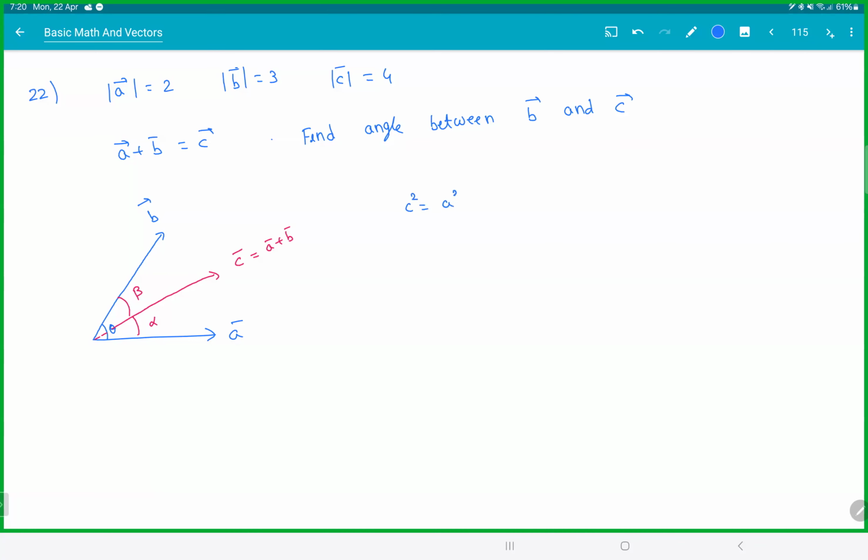So c square is a square plus b square plus 2ab cos theta. 16 is 4 plus 9 plus 2 times 2 times 3 cos theta. That would be 16 minus 13, 3, so cos theta is 1 by 4.